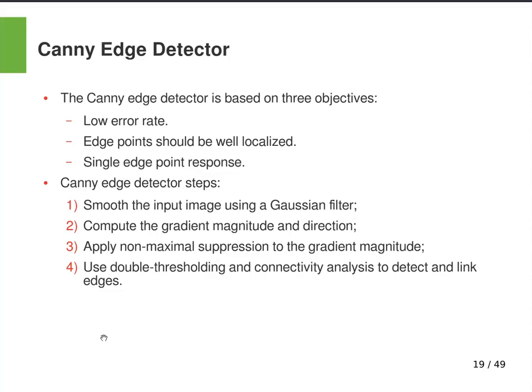So basically we want the location of the edge to be as accurate as possible. The second objective is that edge points should be well localized. So as you can see, it has some overlap with the first objective as well. And then finally we want to have a single edge point response.